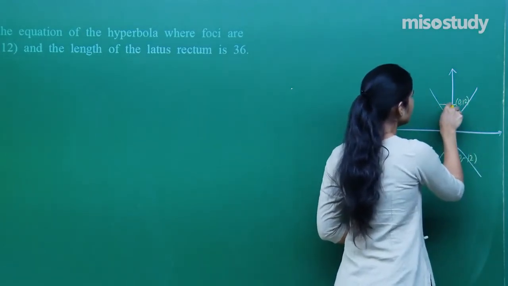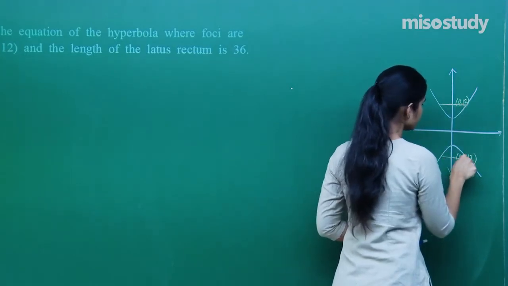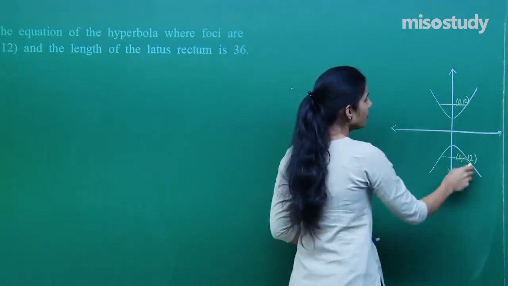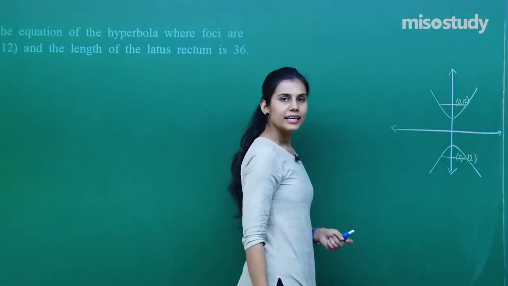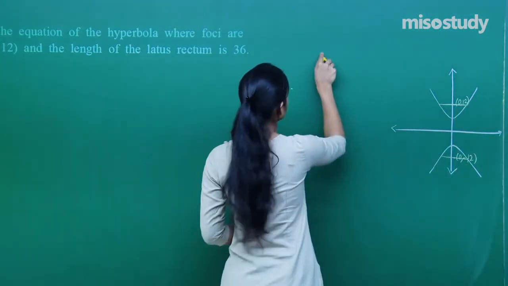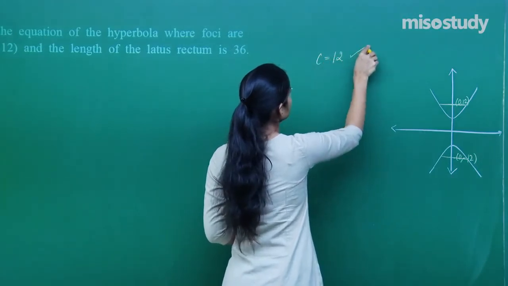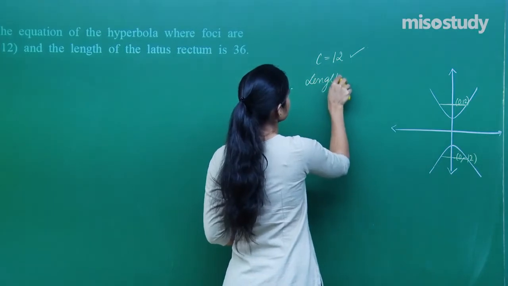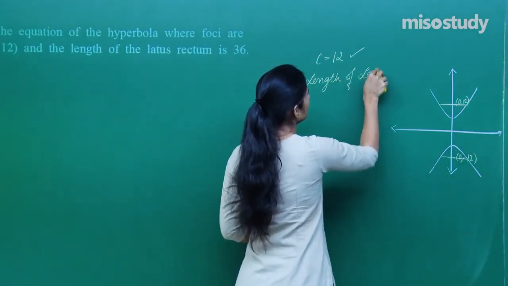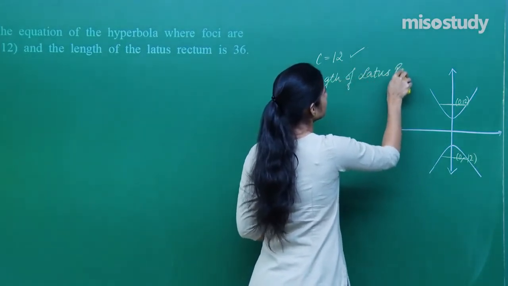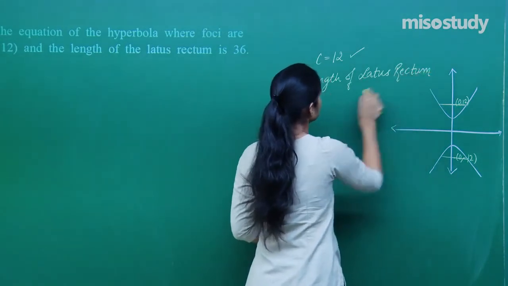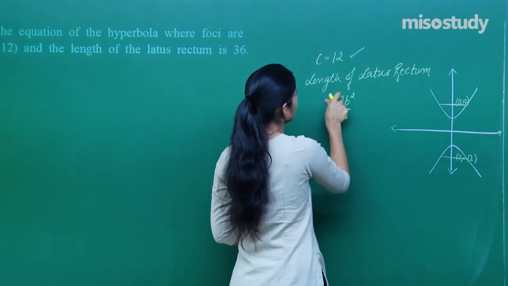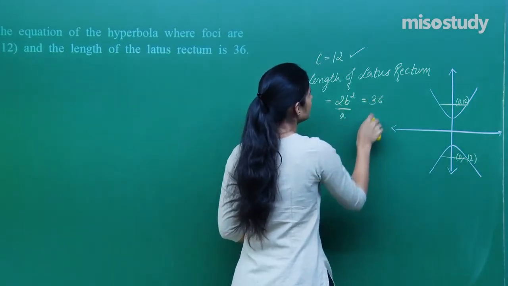I am given that the length of the latus rectum is 36. If (0, plus minus 12) is the very coordinates of my focus, that means C is given to be 12, and the length of latus rectum is given by 2b square by a, which is given to be 36.